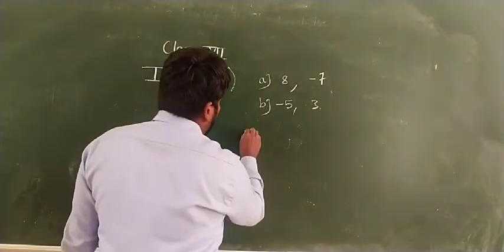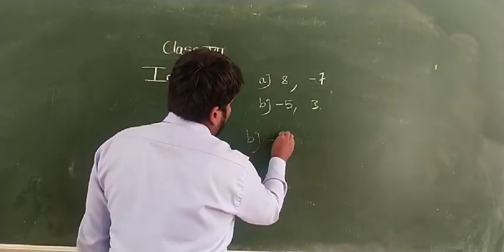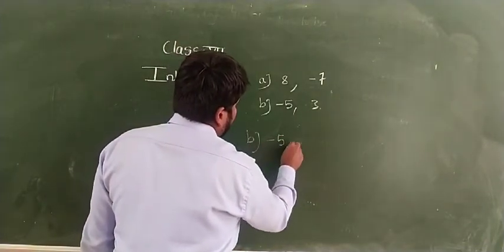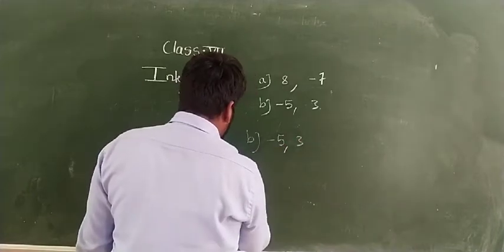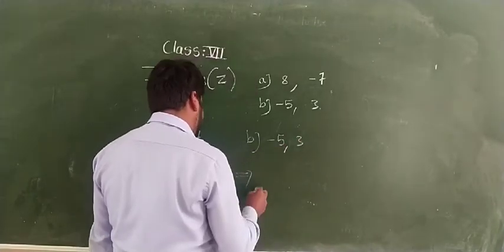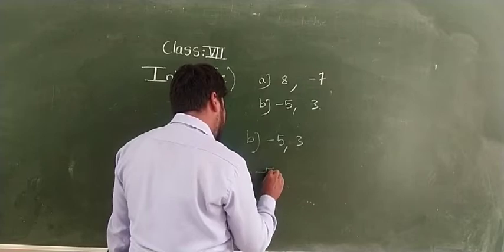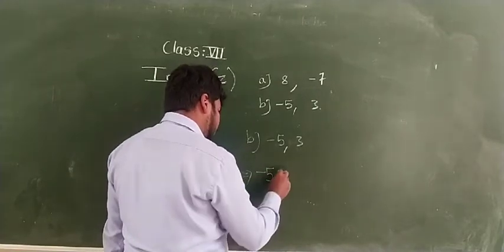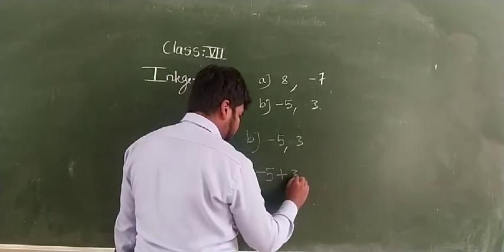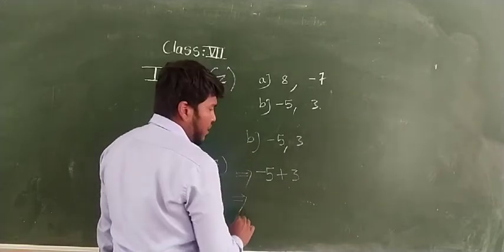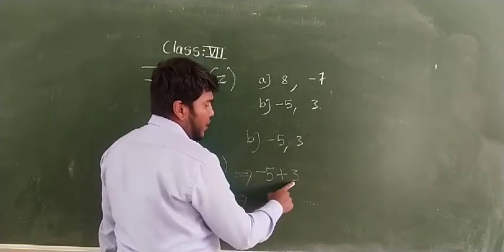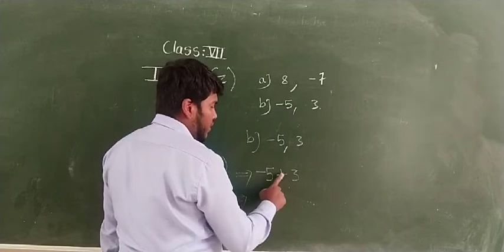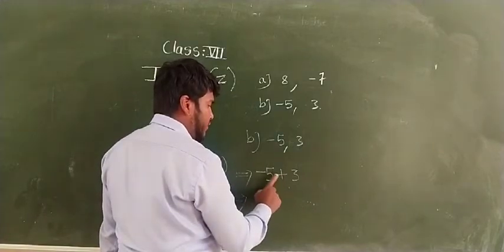Similarly, see one more example. One integer is -5 and one more integer is +3. So -5 plus 3. Here we are having two operations, minus and plus.